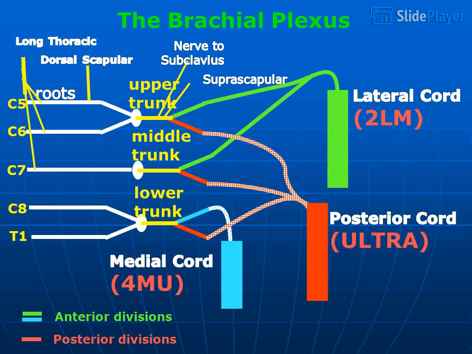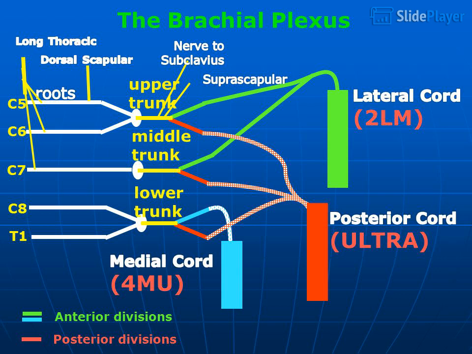The brachial plexus, 2 ultra, form U, upper roots, trunk, lateral cord. Long thoracic. Nerve to subclavius. Dorsal scapular. Lateral cord. 2 upper trunk. Suprascapular. Roots.